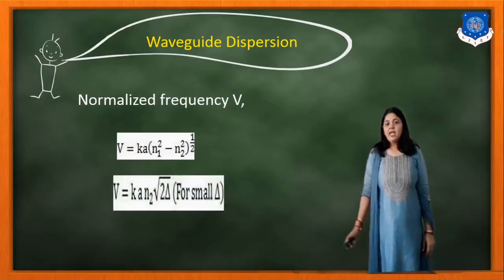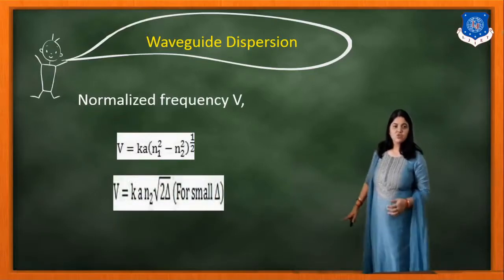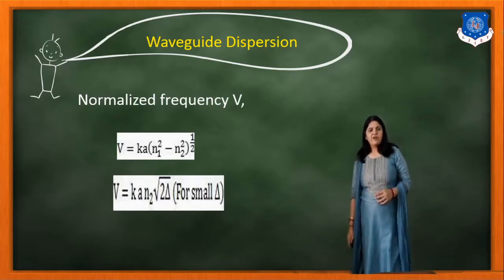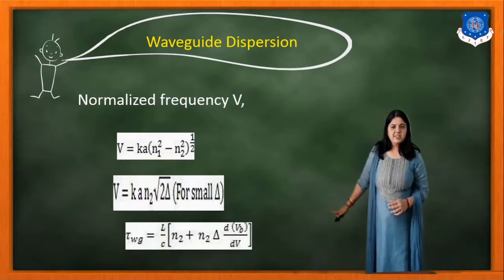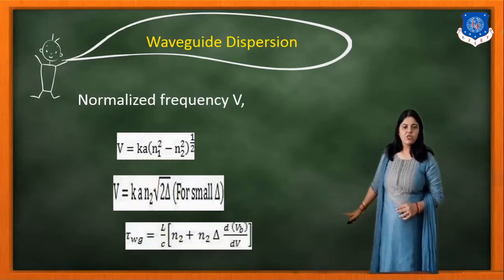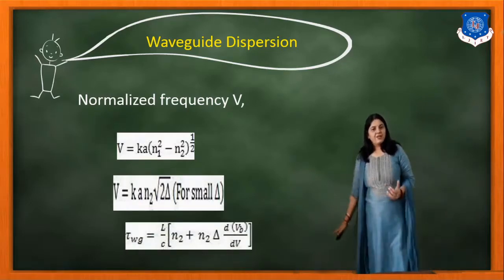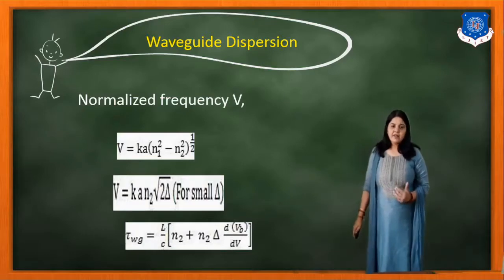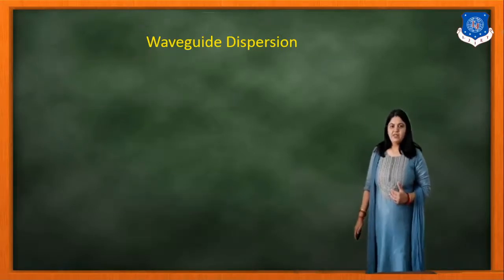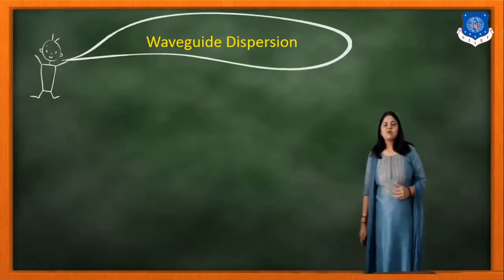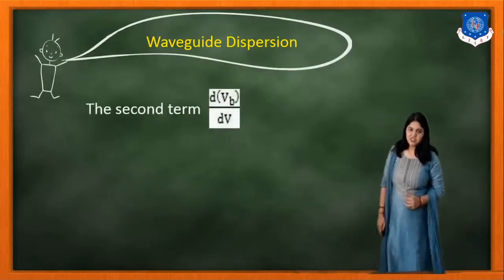Sometimes we can say ka into NA. So V is equal to ka N2 square root of 2 delta, for a small delta. And tau Wg is equal to L upon C, N2 plus N2 delta d(Vb) upon dV. So this is about the waveguide dispersion.